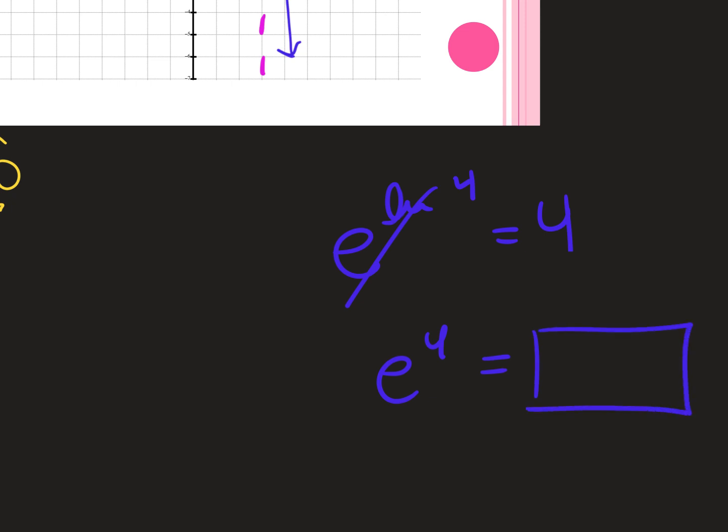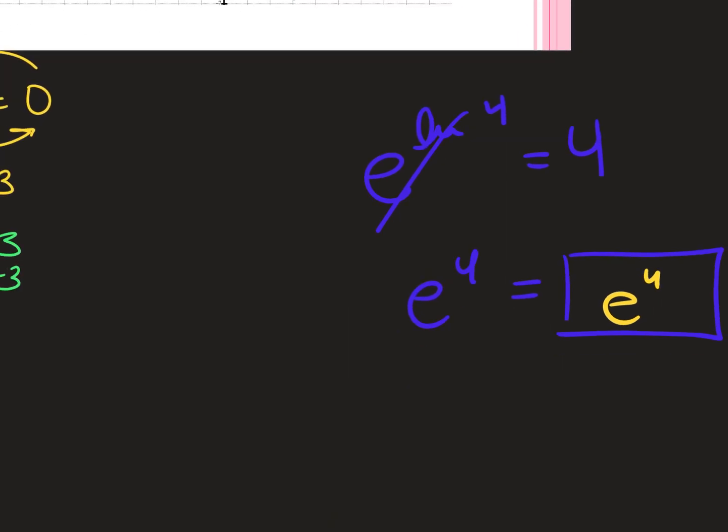And literally what they want you to type in is e to the 4th. There's some that say like e to the ln 5. Simplify it. What is that? It's just 5, right? The first 3.2a is just going over those properties of the logs. Going from exponential to logarithmic, vice versa.